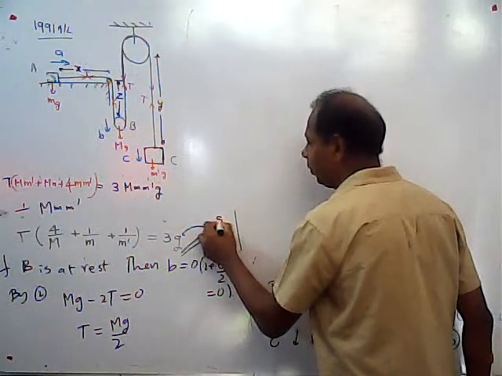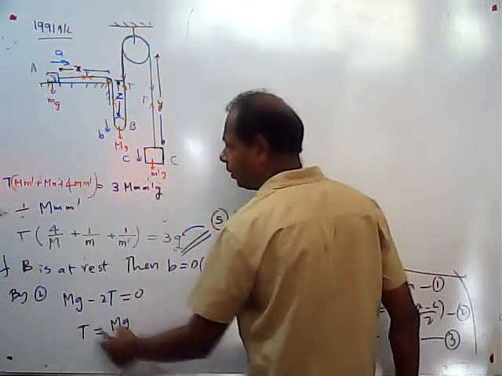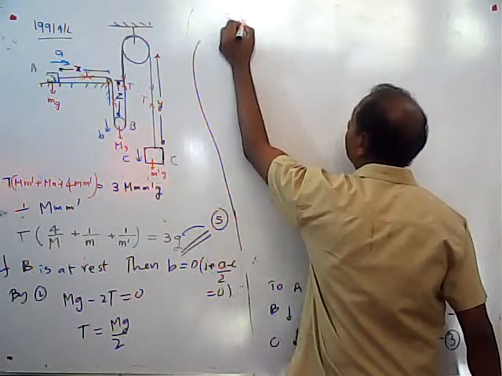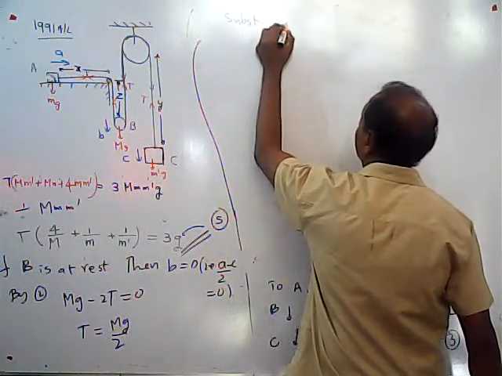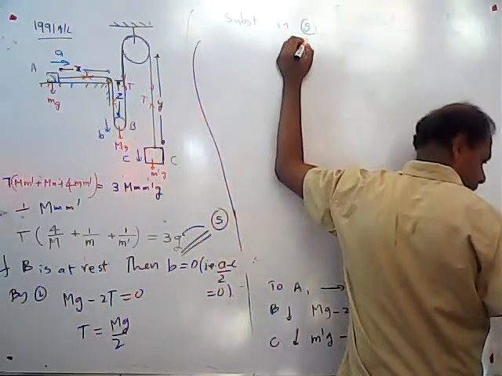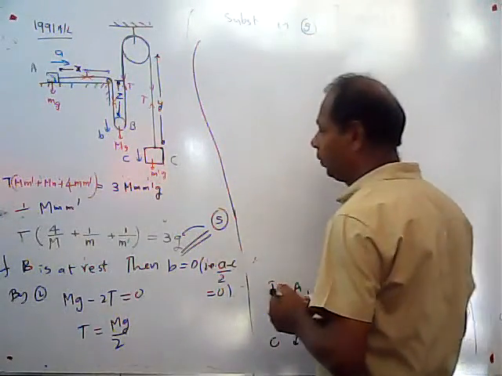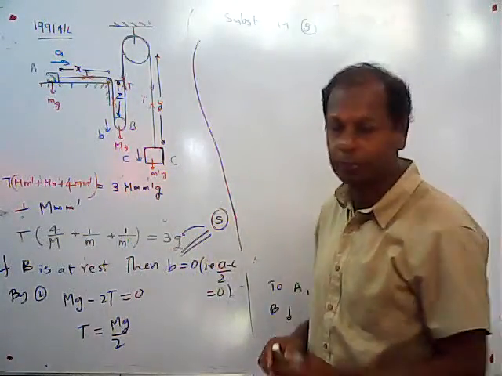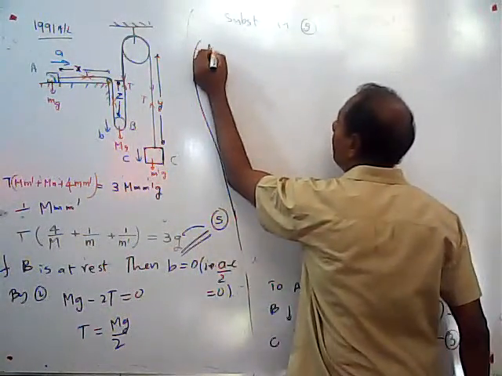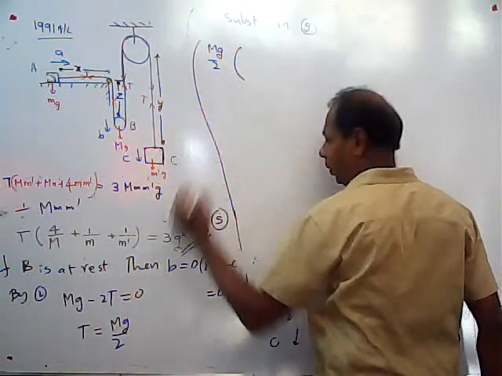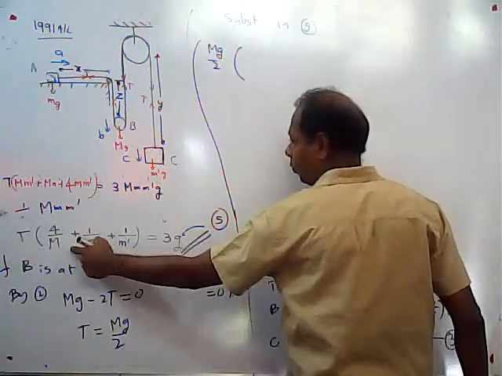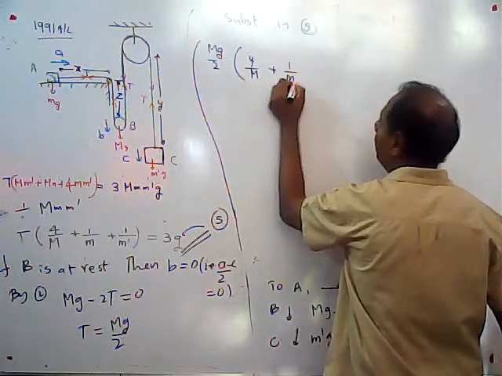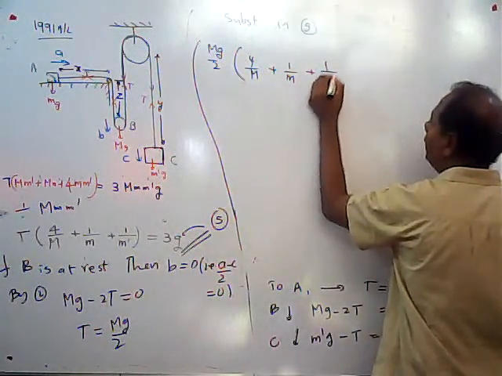Number 5. So we can apply this in 5. Substituting in 5, t will be replaced by mg over 2, into capital M, plus 1 over M plus 1 over M dash.